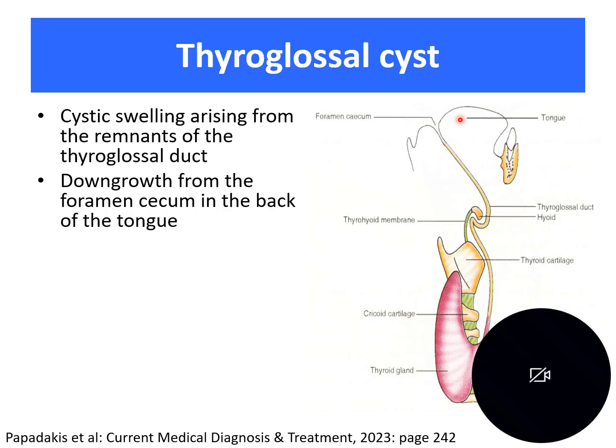Foramen means hole, cecum means hidden, and you have this down growth of epithelium that grows through the neck in front of the hyoid bone, below, slightly behind, and then drops down to pass in front of the thyroid cartilage, the cricoid cartilage, and at around the third or fourth tracheal rings embryologically, you would have this duct giving off two buds, a right and a left bud, from which you're going to get the right and the left lobes of the thyroid gland.